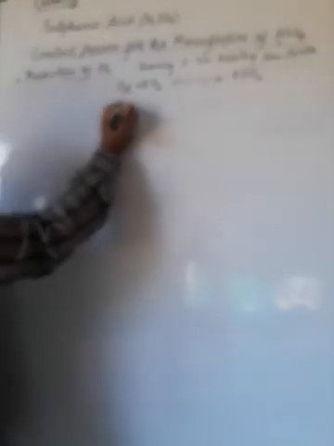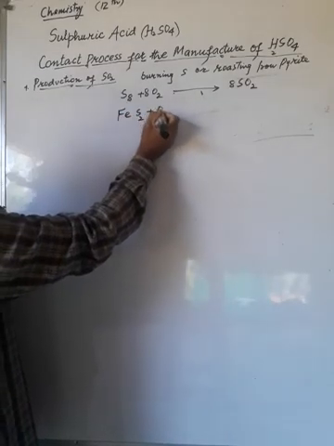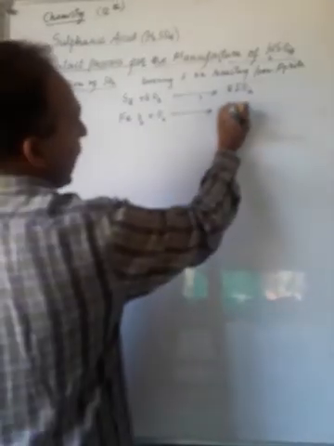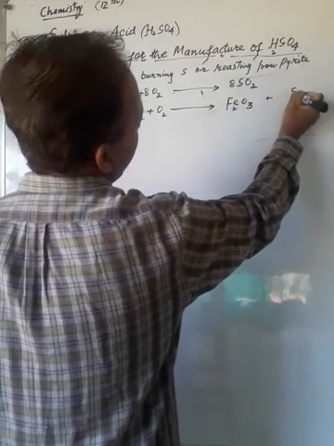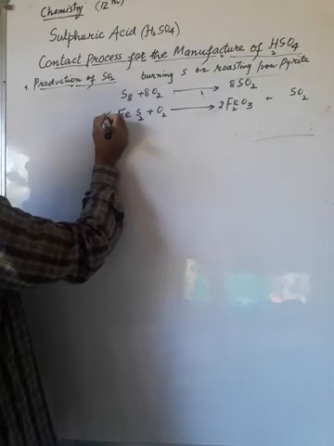Now again, by the roasting of the iron pyrite, FeS2 plus O2 forms Fe2O3 plus SO2. We will take 2 times, and here 4 times.